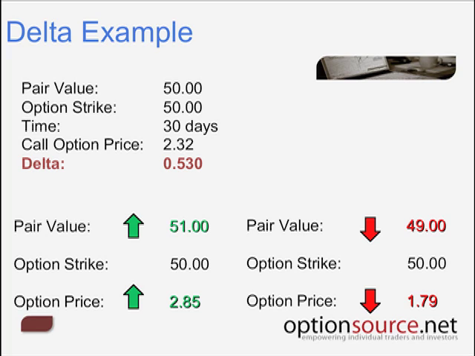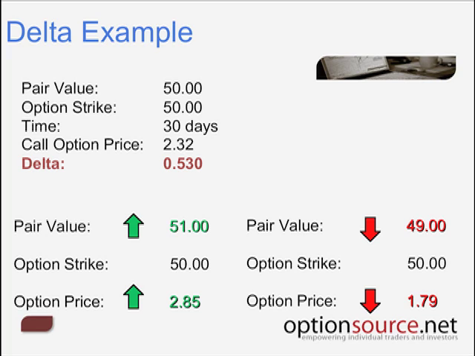So, for example, if the pair value drops 1 point to 49, and the option strike price is sitting at 50, then we would subtract 53 cents from the option premium, and we would see that the option price would be reduced down to 1.79.